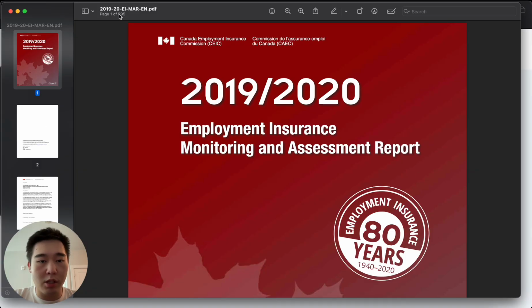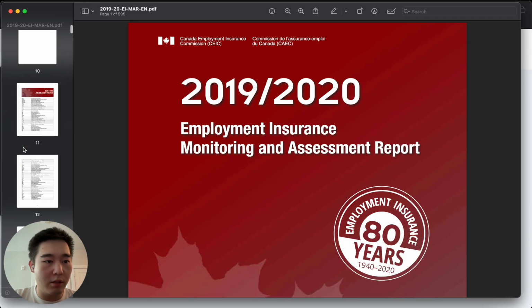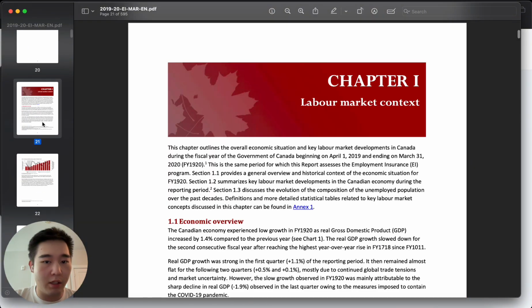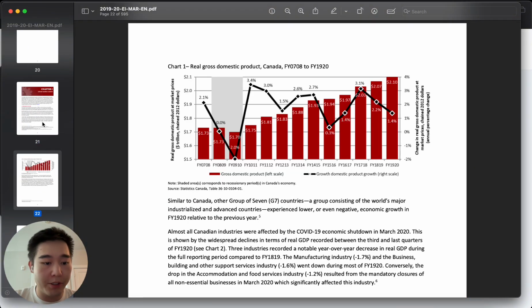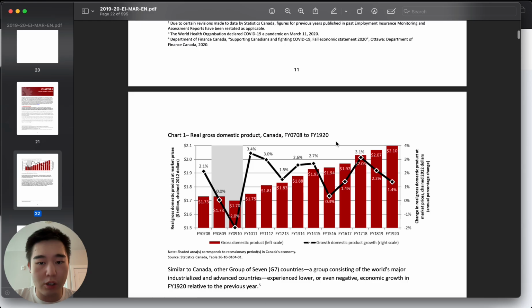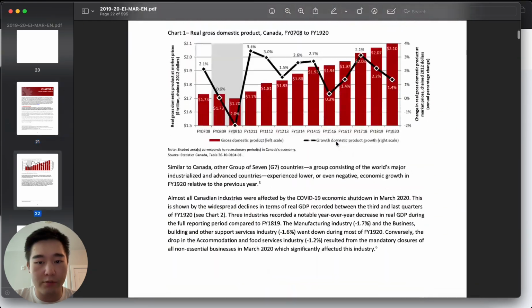There are about 600 pages for this document, and I used 5 years, from 2019 to 2024. So in total, there are probably around 3,000 pages. The first 400 pages look like a typical report. It has charts, tables, and text information.